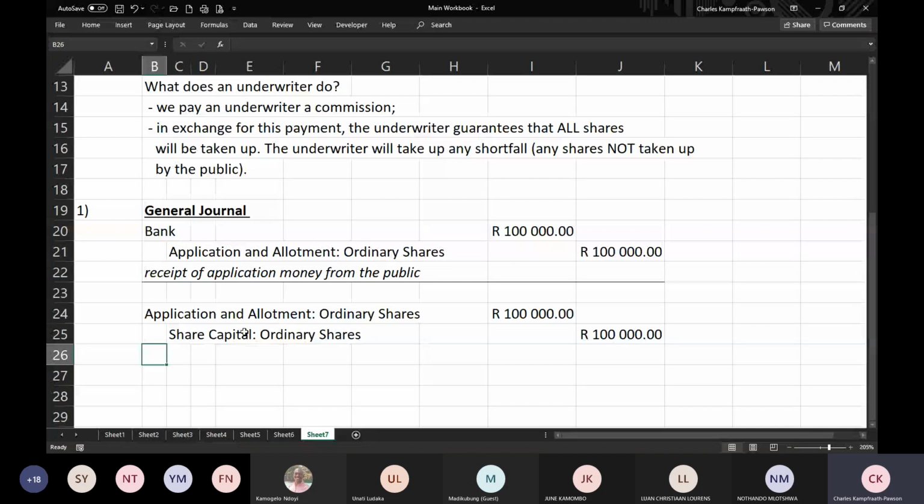And the narration that we will use here will be the allotment of 50,000 ordinary shares.